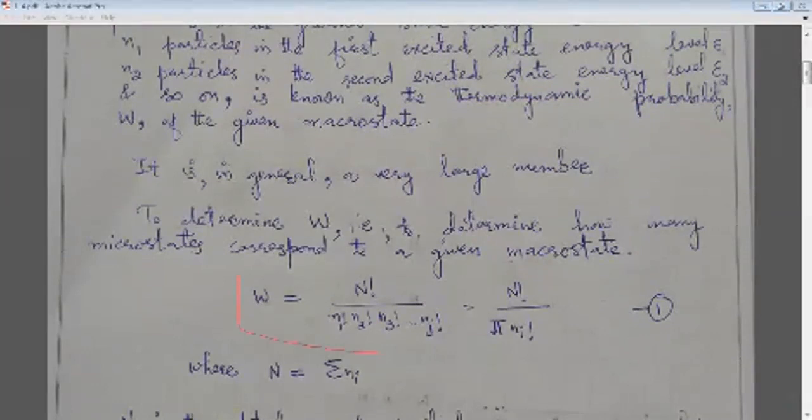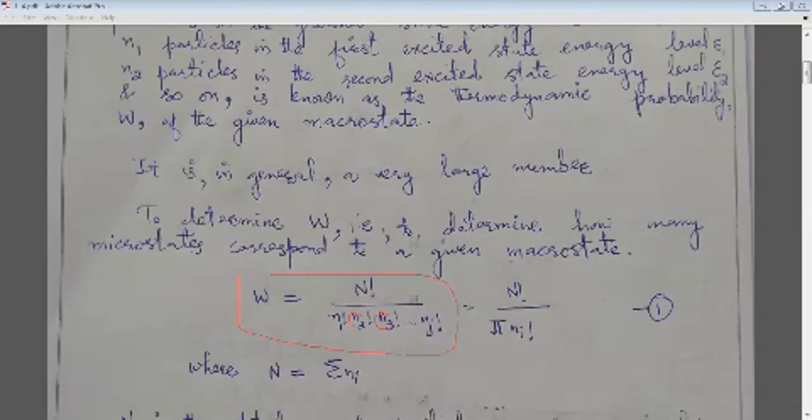W is equal to capital N, the total number of particles, factorial, divided by small n1, the number of particles in the first excited state, n2 in the second excited state, n3 in the third excited state, and similarly up to nj.